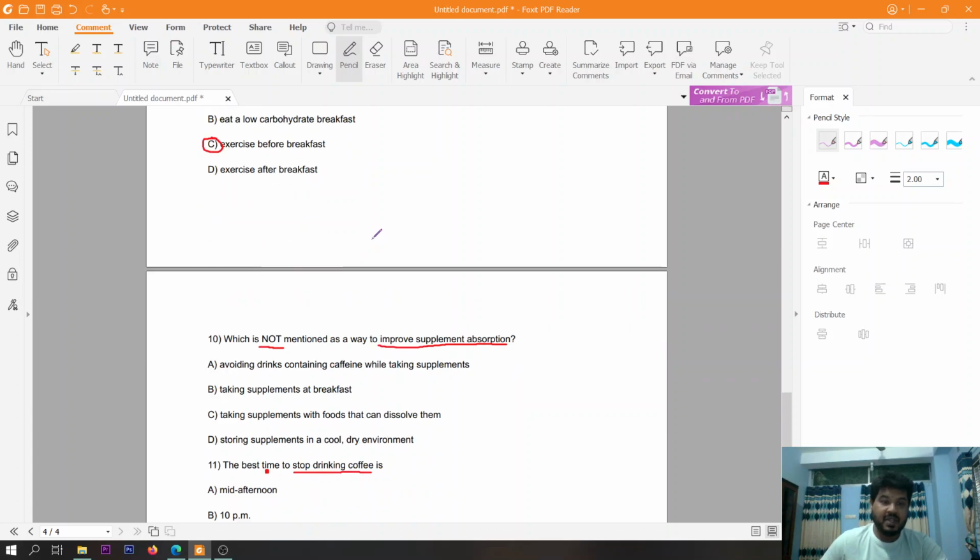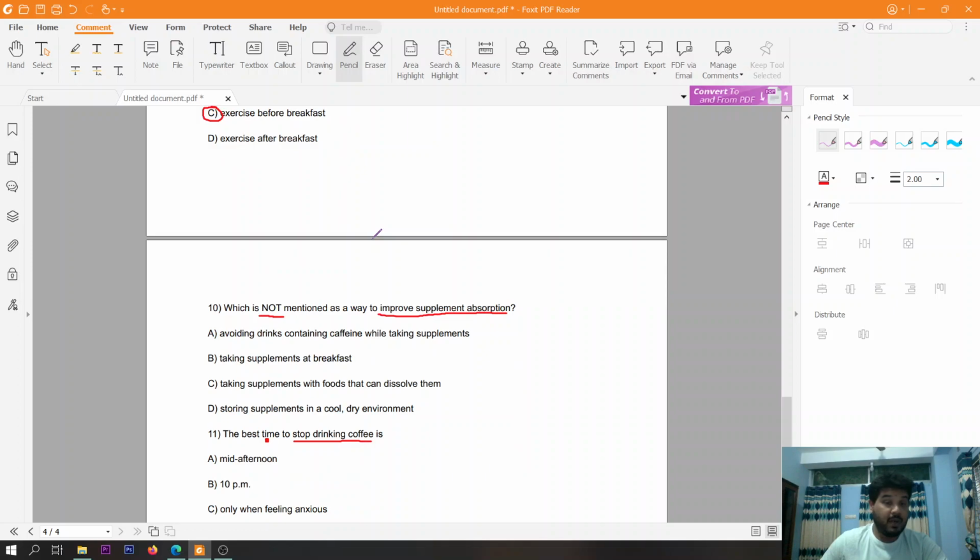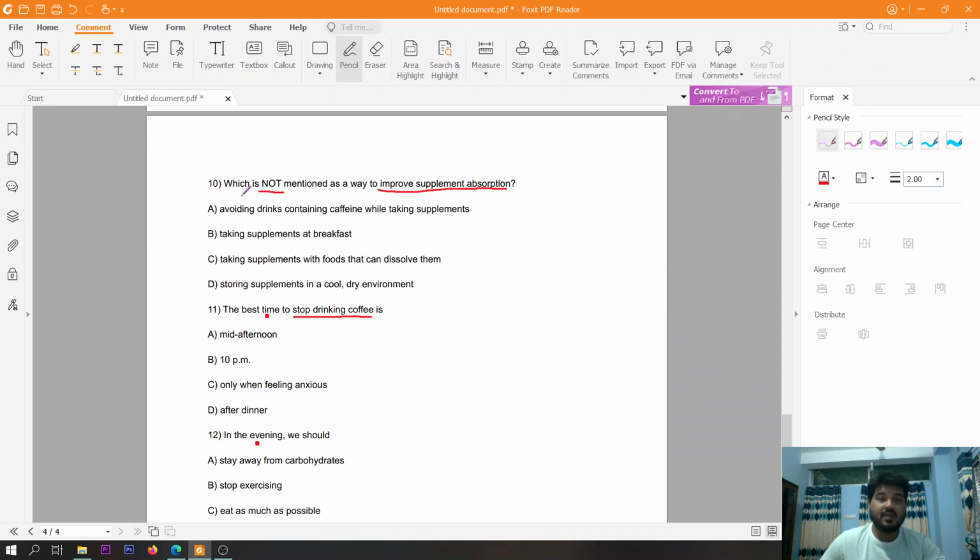All right, so we are doing pretty well. Now let's go to the next one, which says which is not mentioned as a way to improve supplement absorption. Because the options are a bit too long, we can go through them if you like. If you don't want to, that is also fine, but if you want, you can identify some keywords.